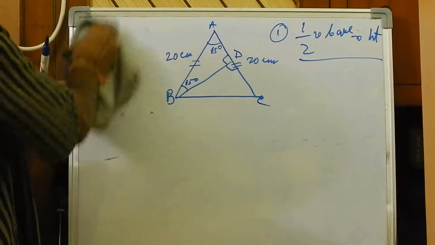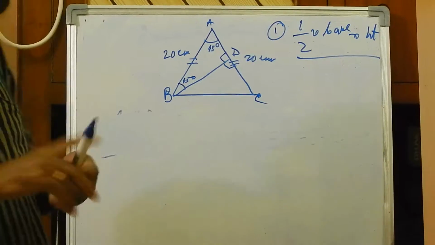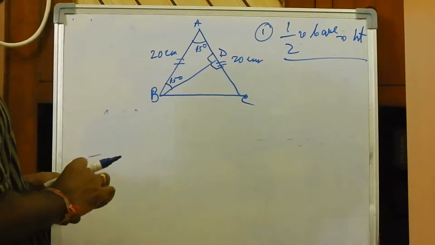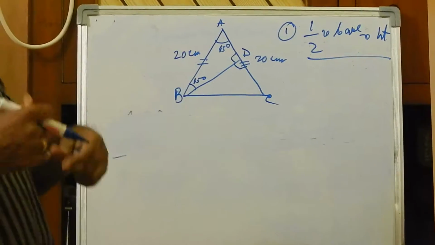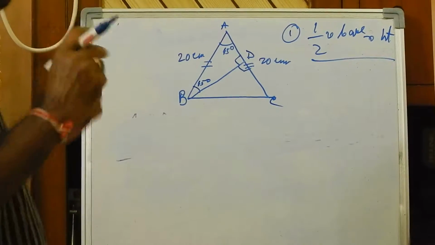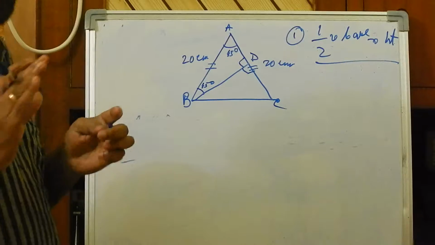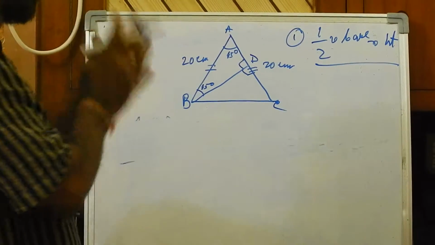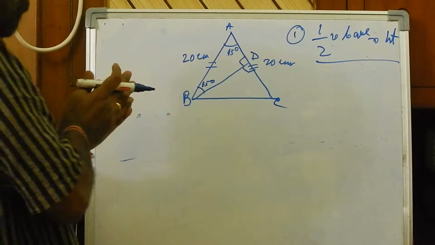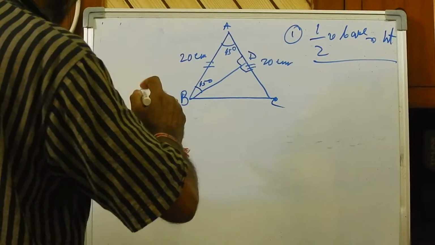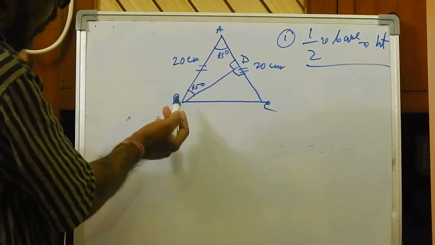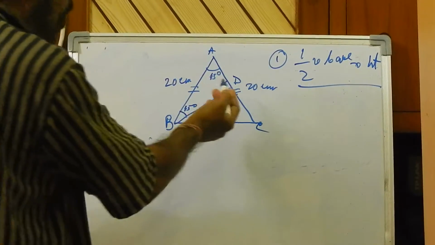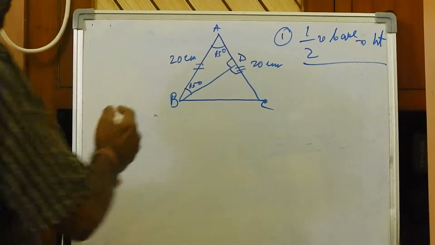Coincidentally, ABD is also 45 degree, and whenever we see the angles of a triangle are equal, then we can easily say that it is isosceles, because the sides which hold these angles are always equal. So if it is 45 degree, then BD equal to AD.